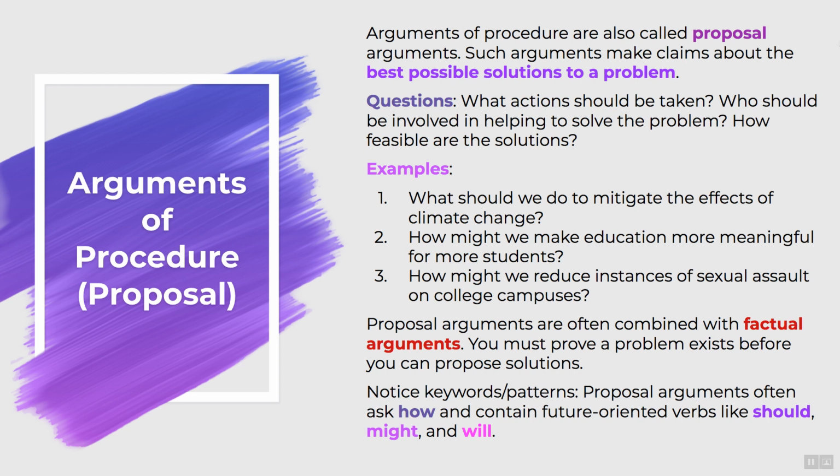And then once you get your audience in a place where they accept here is a real problem, then you can move on to talking about possible solutions and perhaps even arguing here is what should be done and here's why this is a good solution. The keywords and patterns here are how questions and future-oriented verbs like should, might, and will.